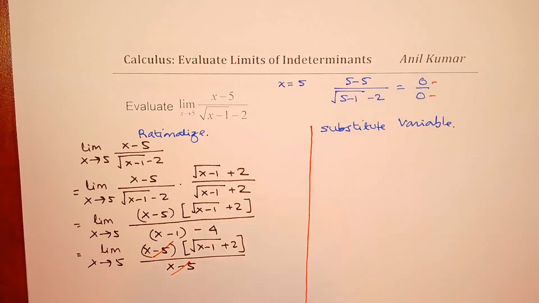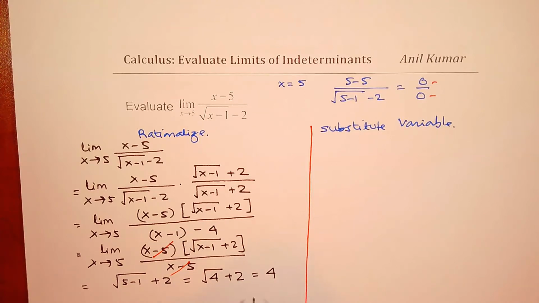Do you realize that? Now we can actually substitute 5 and find the limit. So if I substitute 5 here, I get square root of 5 minus 1 plus 2, which is square root of 4 plus 2. That is 2 plus 2 as 4. So we get a limit of 4. So that is how you could do it by rationalization.